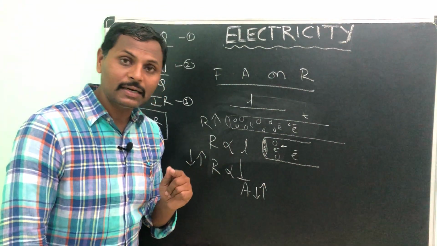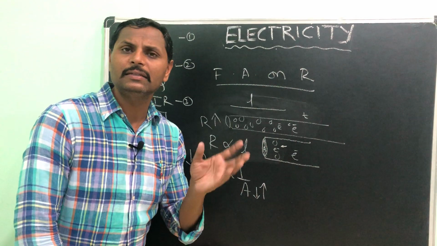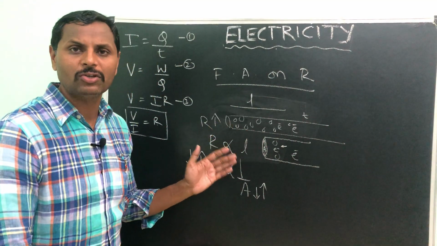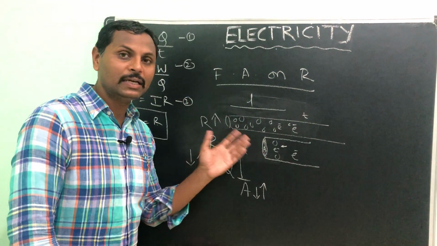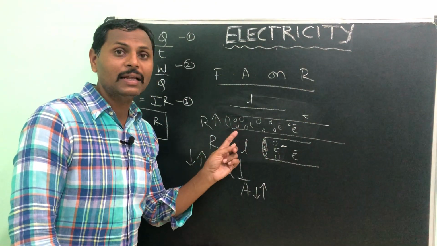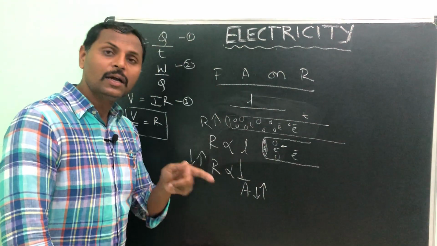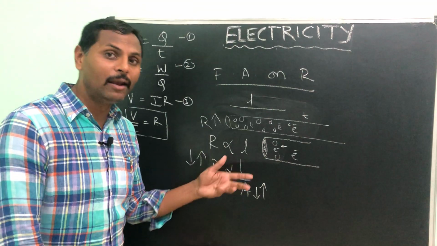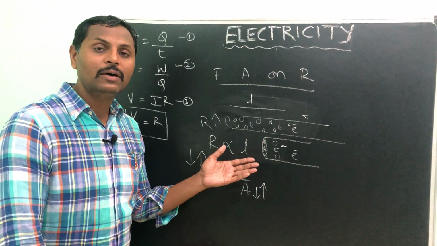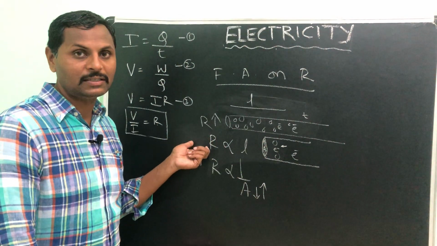Ohmic conductors are nothing but copper, zinc, iron, aluminum; these are all the ohmic conductors, not the electrolytes. Whereas in semiconductors, a rise in temperature reduces the resistance. Okay, whereas in alloys, a rise in temperature will not affect the resistance.